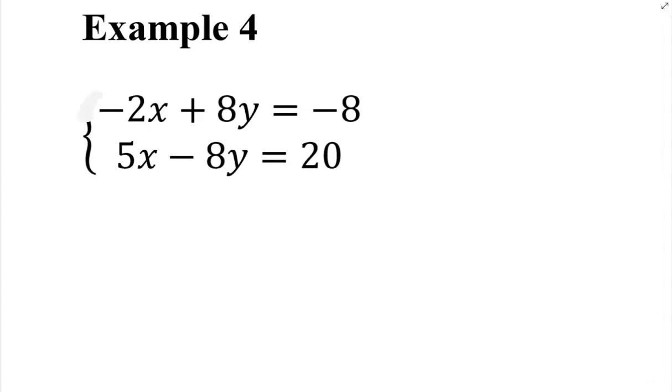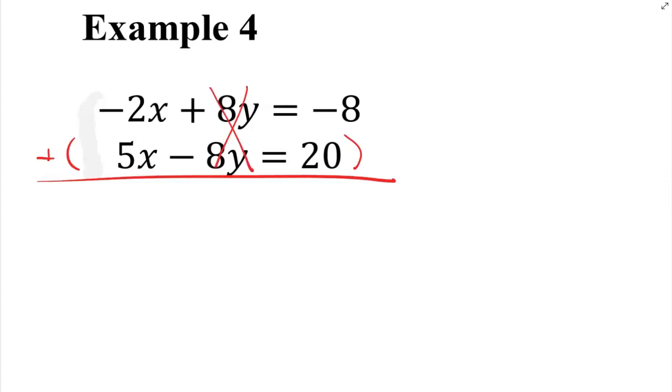I bet you can. So again, I'm going to pretend like this brace is not here, this bracket's not there. And I'm going to note that if I add these two rows together again, the y variables this time are going to end up canceling. 8y plus a negative 8y will cancel. Now it's worth noting here that if this was a plus sign in between, technically it's okay to actually subtract the two rows from one another.